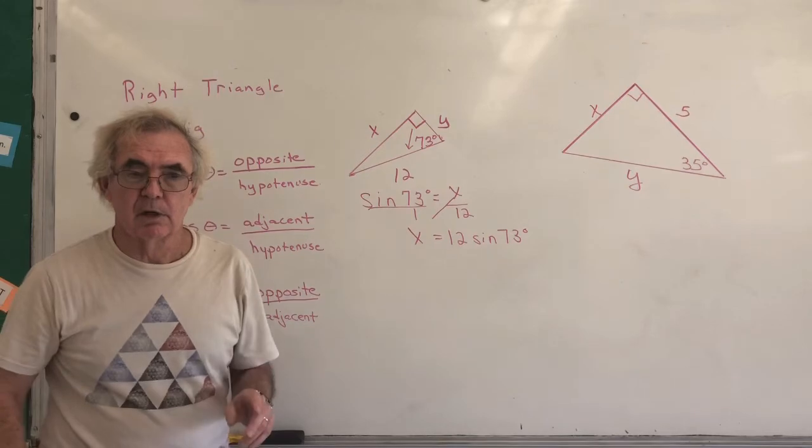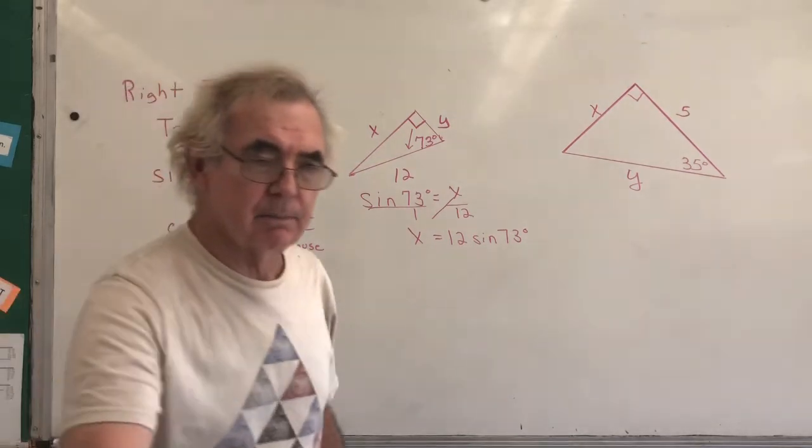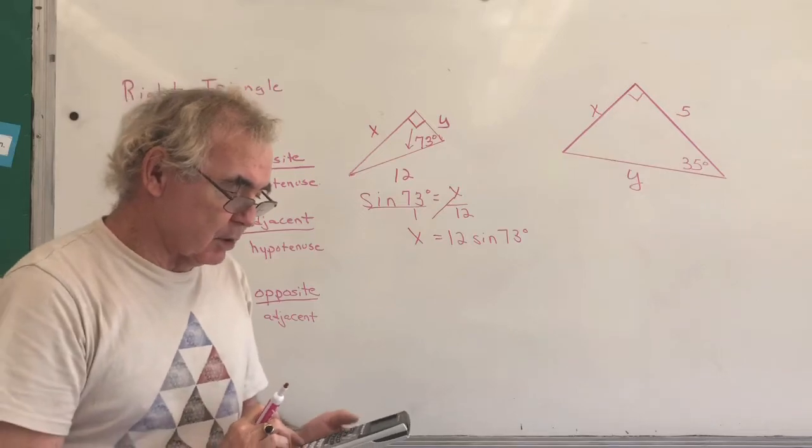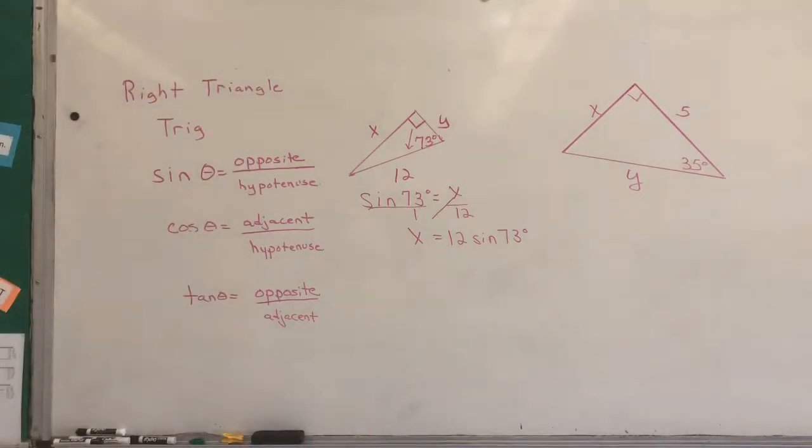Now, I want to give you time to get your calculator. Once again, your calculator should be in degree mode, and we're going to round everything to 2 decimal places.